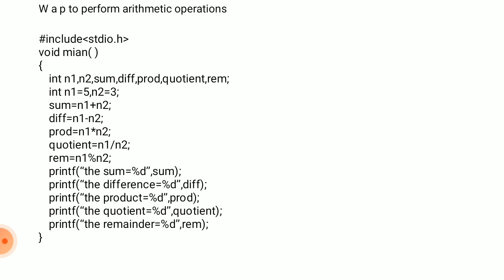In the second statement, the difference is equal to %d, diff. The product is equal to %d, product. Whatever names you have declared, you have to use the same names here also. If you have declared a variable called prod, and instead of prod you write product, then in compilation it will show undefined variable. Undefined means the variable which you have declared is not being used.